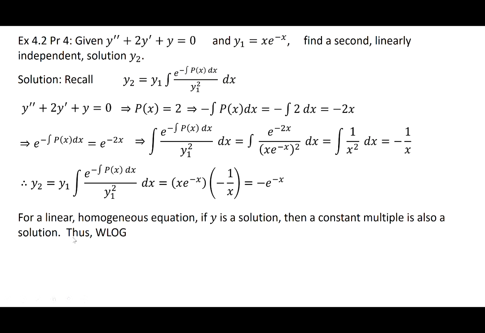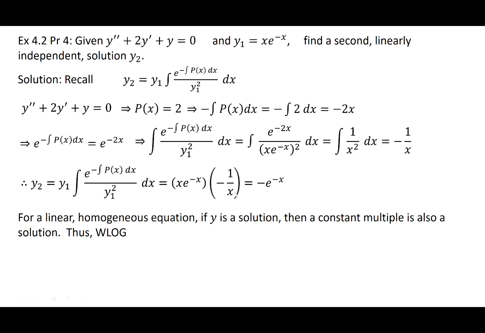I'm saying that because, without loss of generality, that's what WLOG means. Without loss of generality, meaning it's okay if you do this kind of thing. You won't be altering anything in a significant way.